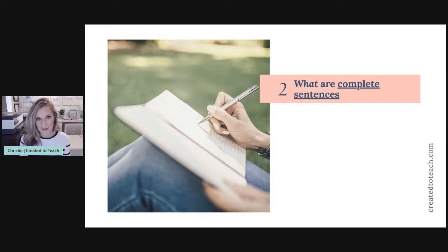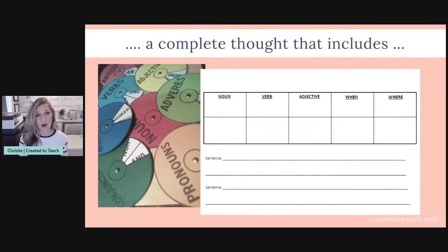So this is not a news flash for us teachers and for parents and whoever is watching, but we want to make sure we divvy up and talk about what this is. So a sentence, a complete sentence is a complete thought, right? And so what I like to do is I like to provide my students with sentence frames. Okay. Now, again, this depends on where your students are in the writing process.